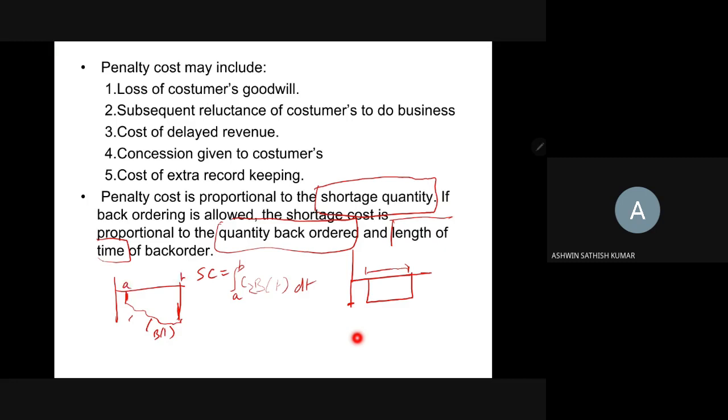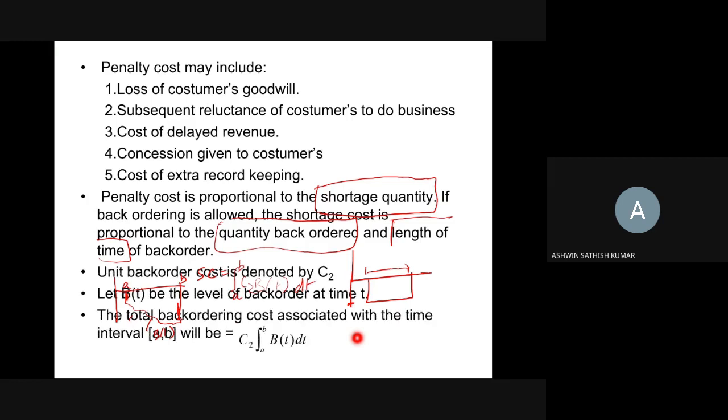Here we have to maintain the shortage for the period a to b. In this way, we can compute the shortage cost. So the shortage cost will be C2 times the integral from a to b of B(t) dt.